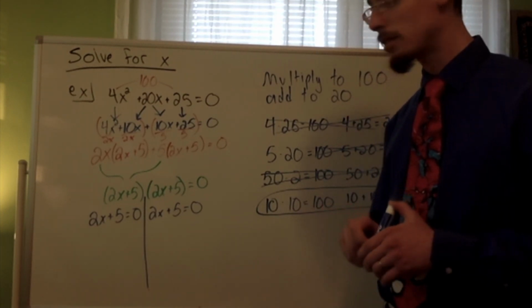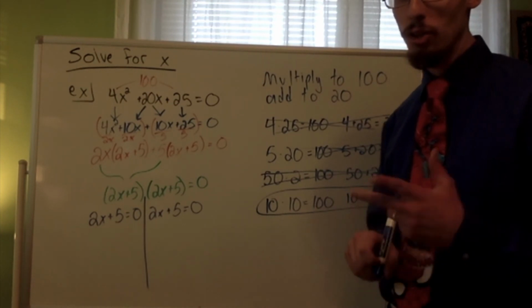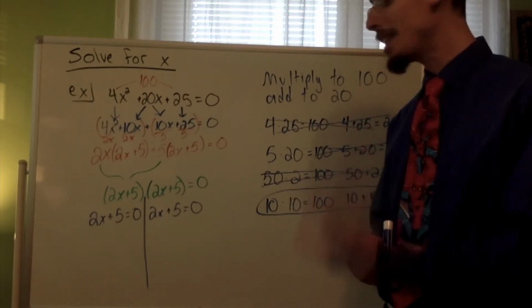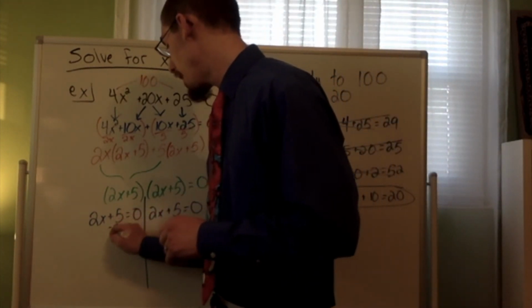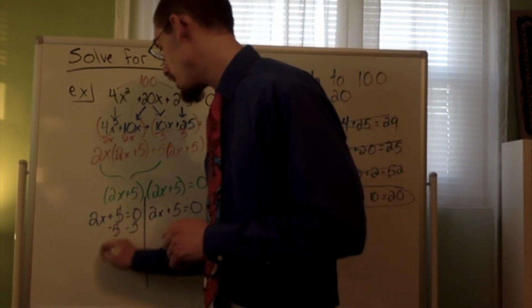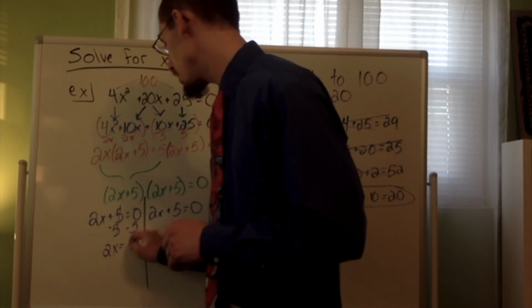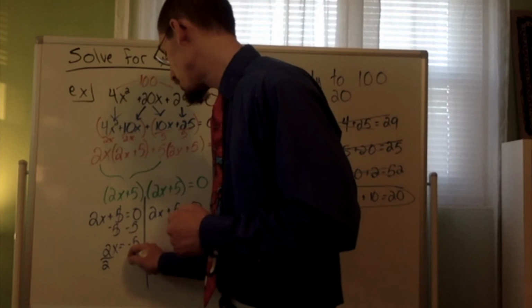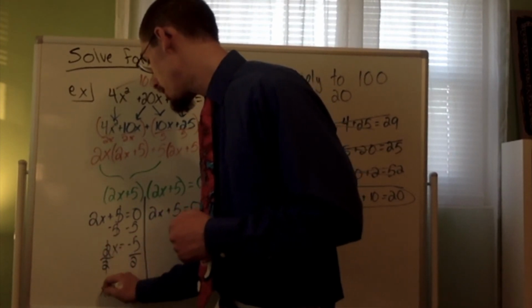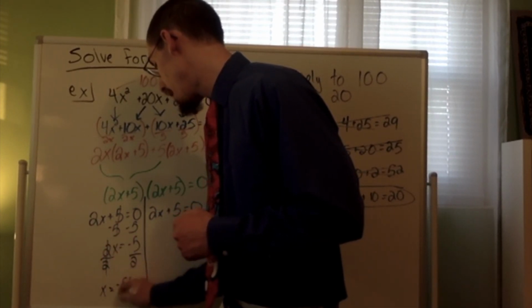I don't need to solve the same equation twice. I'll do it in this instance just so you can see, right? I minus 5 and get 2x equals negative 5. Divide by 2, and I'll keep it a fraction, negative 5 over 2.